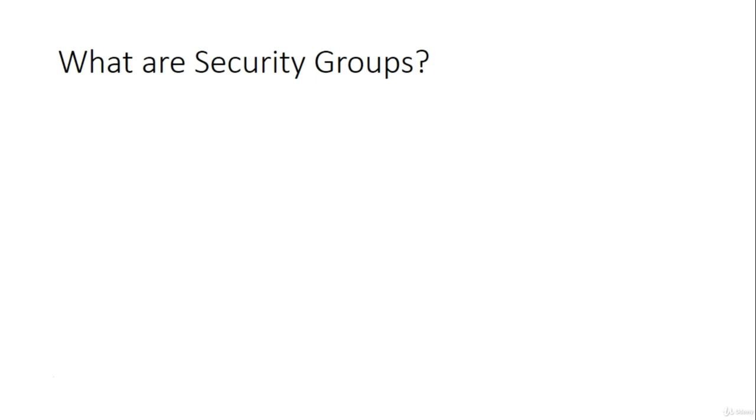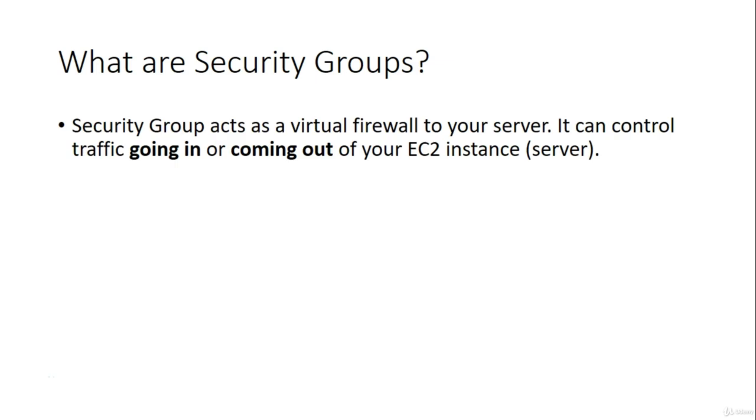What are security groups? By this time I think you have already figured out what security groups are, but still, for the sake of definitions, a security group is a virtual firewall for your server.